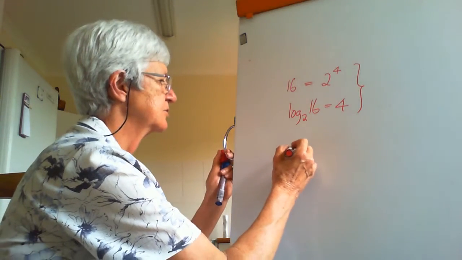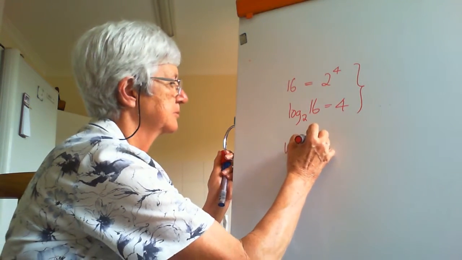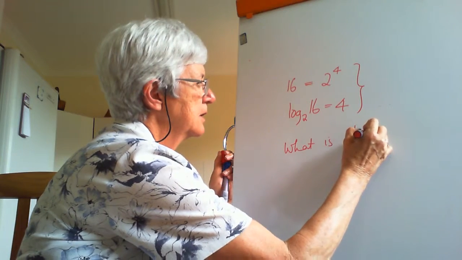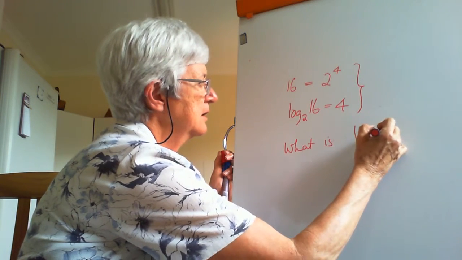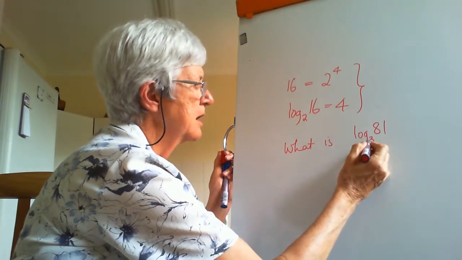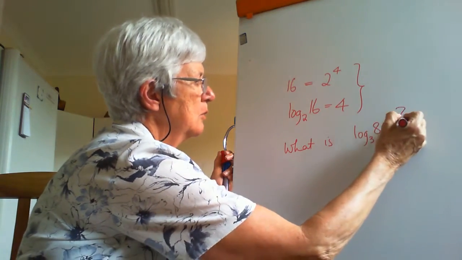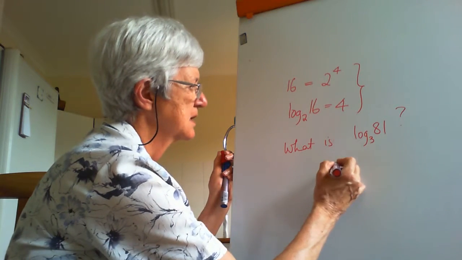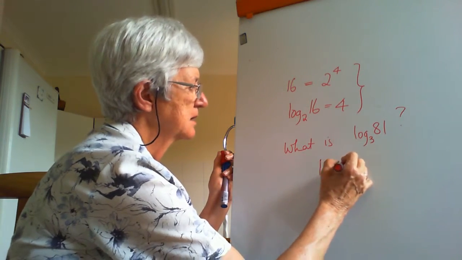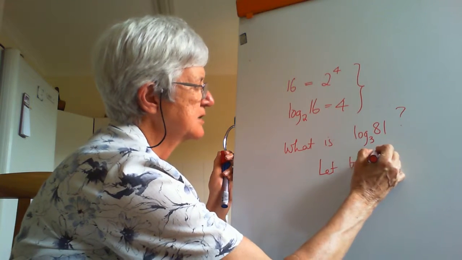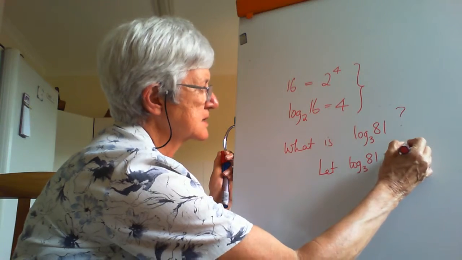If I asked you what is log to the base 3 of 81, I'm basically saying what power of 3 will give 81. Now if you don't know the answer, what you could say is let the power of 3, which gives 81, equal x.